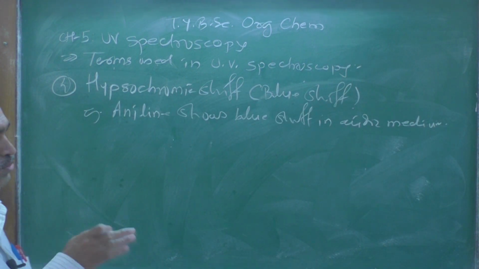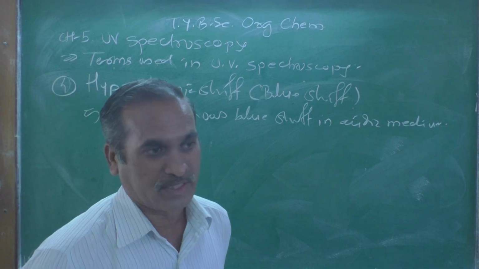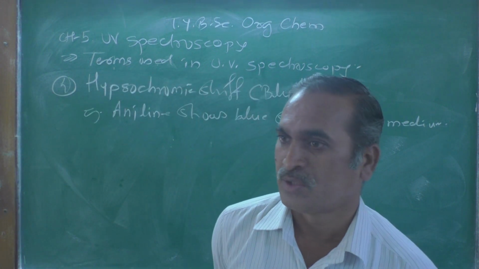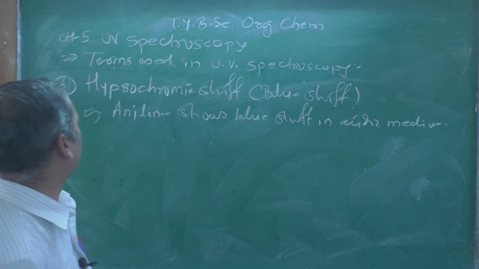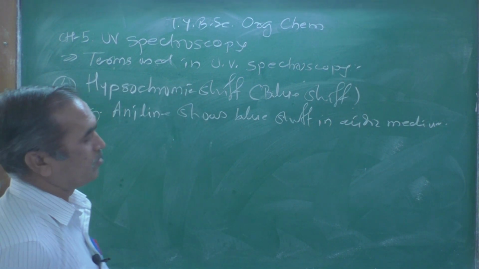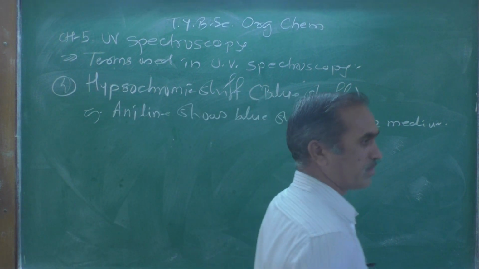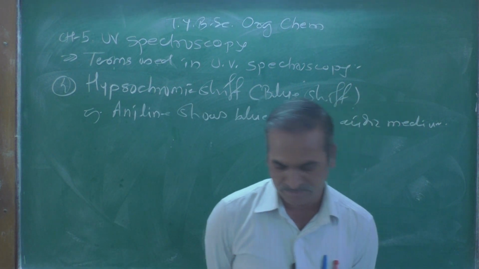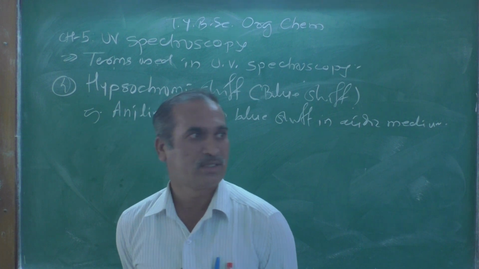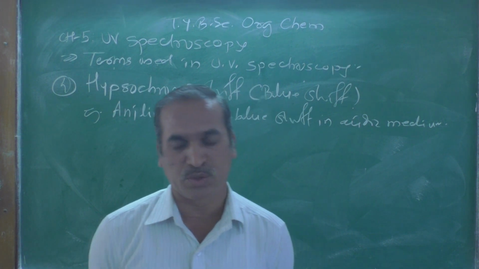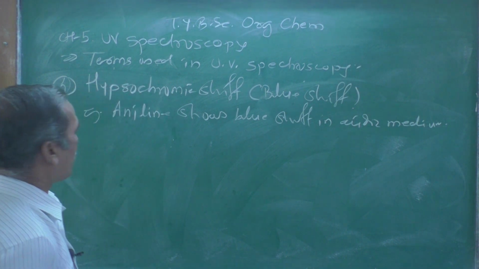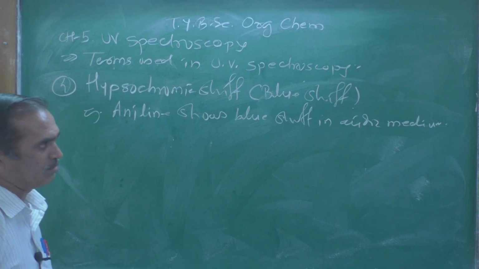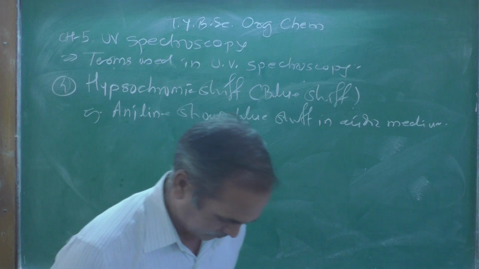And how do you explain this type of question? Remember once again, hypsochromic shift or blue shift is nothing but absorption to a shorter wavelength. And here aniline shows blue shift in acidic medium.